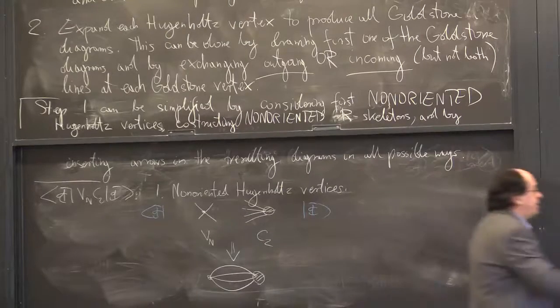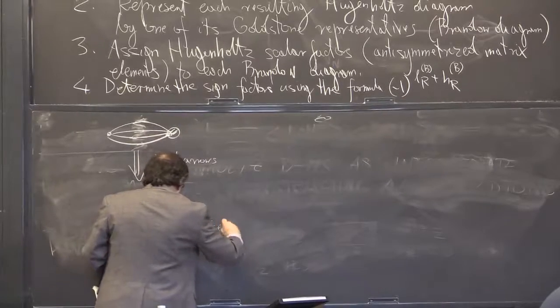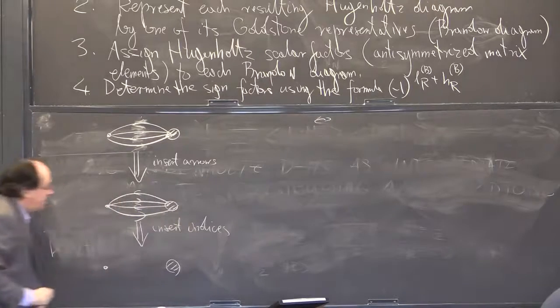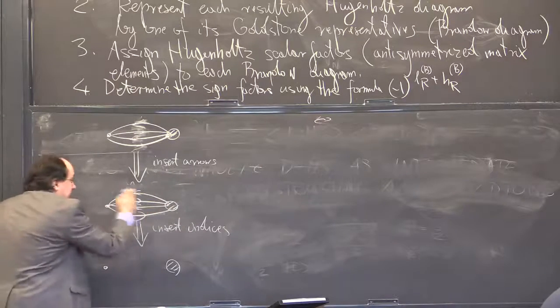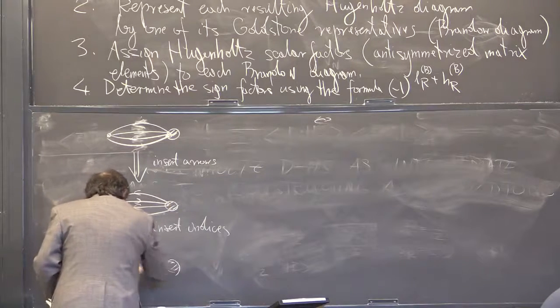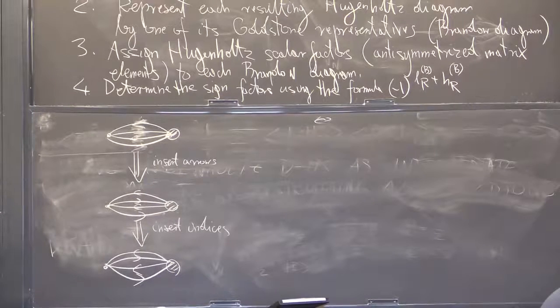So my final step here will be insert indices. We are now so advanced in this that we know that this is a particle line and that's a hole line, so I know how to call them. I don't need to do this from the beginning. I can just do this right now.